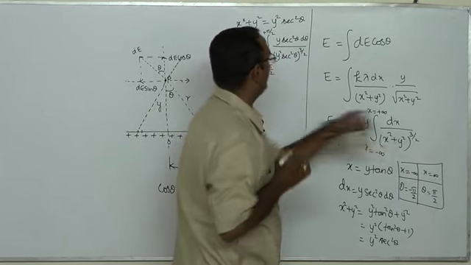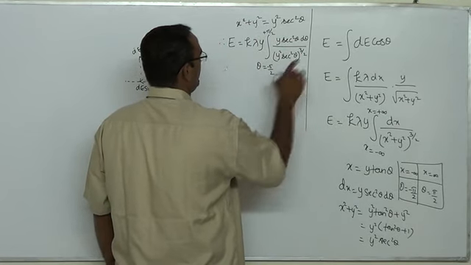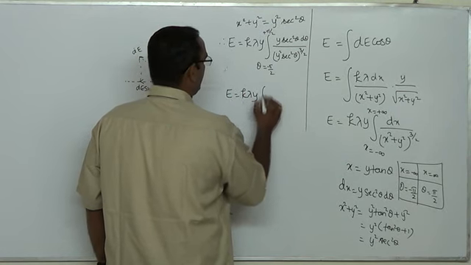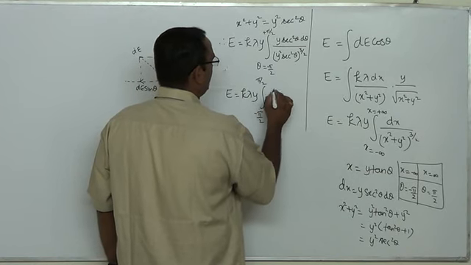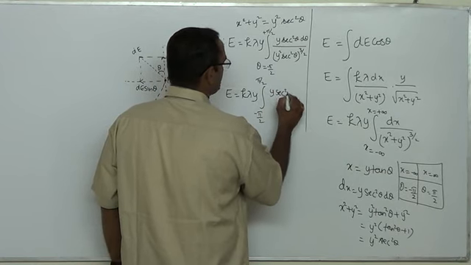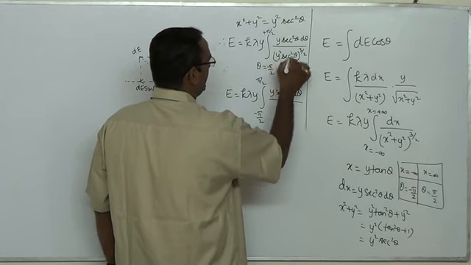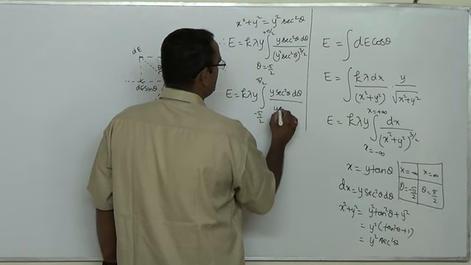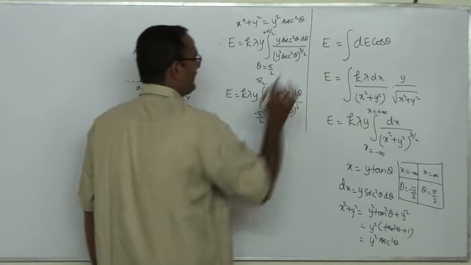Now this power 1 by 2 will get cancelled out, and therefore E equals k into lambda y, theta from minus pi by 2 to plus pi by 2 is the limit. y secant square theta d theta divided by, when you simplify this expression, y secant theta the whole cube, because this power half will get cancelled out.